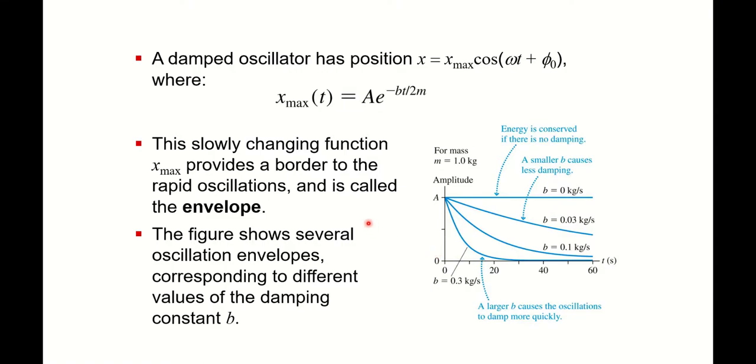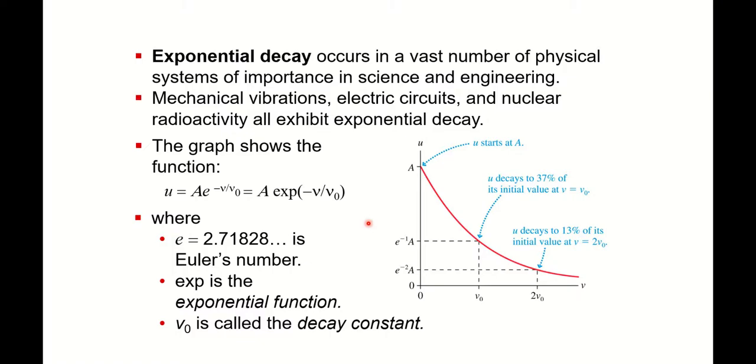Now, this is an example of exponential decay, which is ubiquitous in science. There's tons of things that decay in that way. Essentially, you have some quantity, in this case call it U, that has some initial amount of whatever it is, in this case displacement or energy.